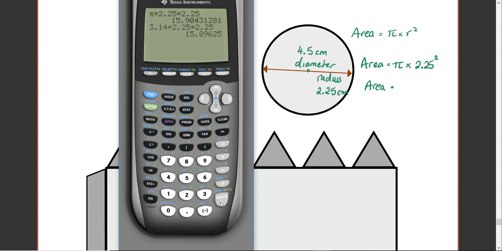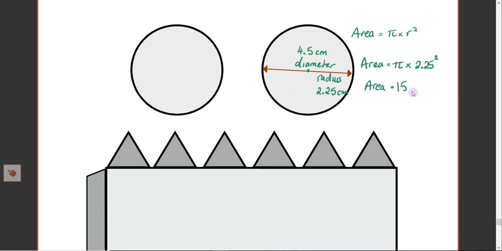It's a lot more, but we can approximate. And so we get an idea. It's not too much different, is it? 15.9 or 15.89. Should we say it's 15.9 square centimetres.